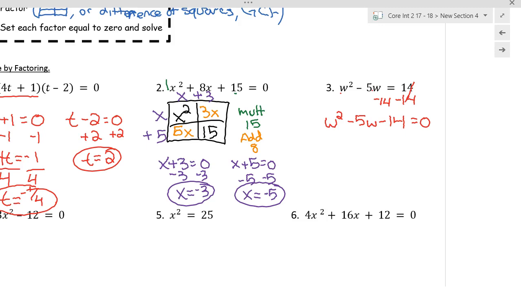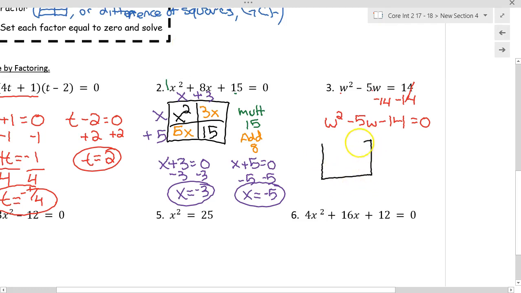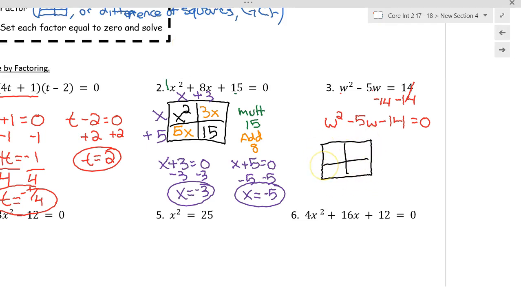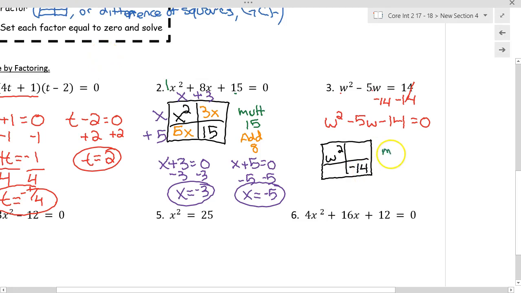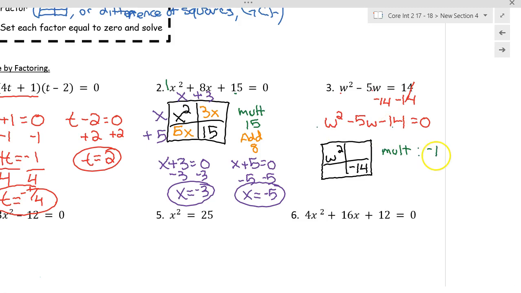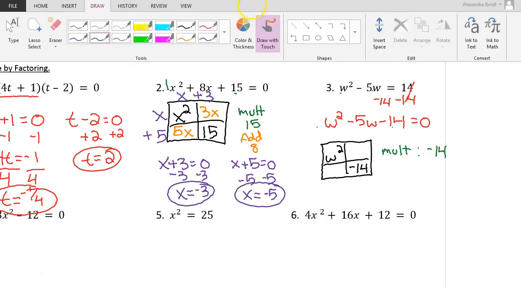I'm going to draw my box to factor, because there are 3 terms. I have w squared and negative 14. I want to multiply to 1 times negative 14, which is negative 14.